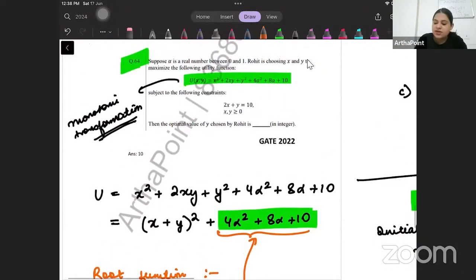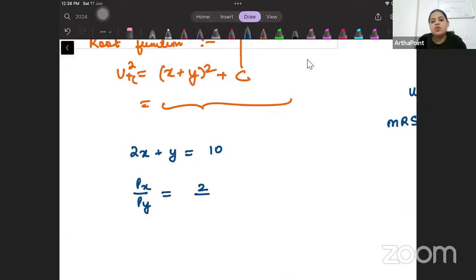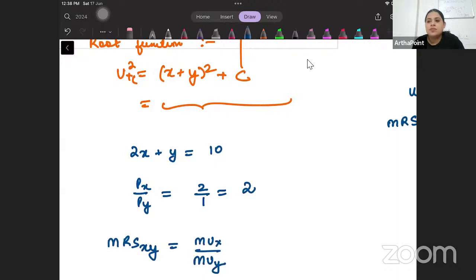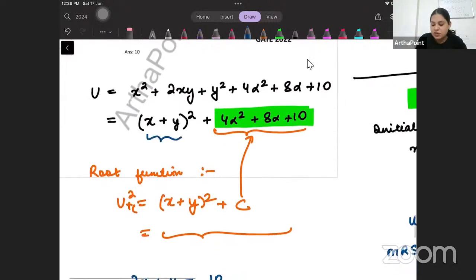And now I'm given a constraint that 2x plus y is 10. So my px by py is going to be 2 by 1, which is 2. And my MRS will be MUX by MUY. My root function is just x plus y, na?